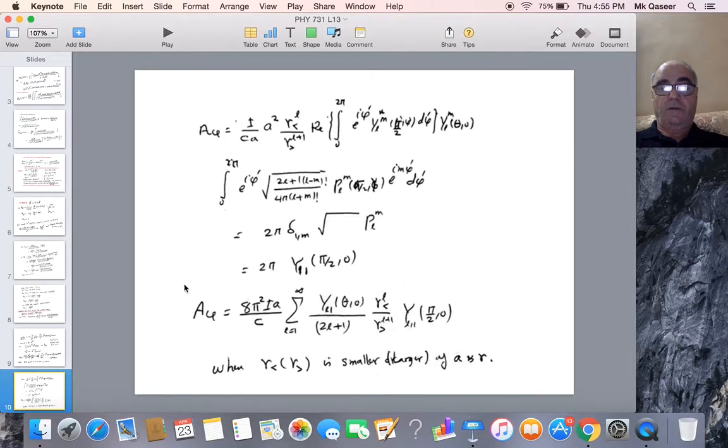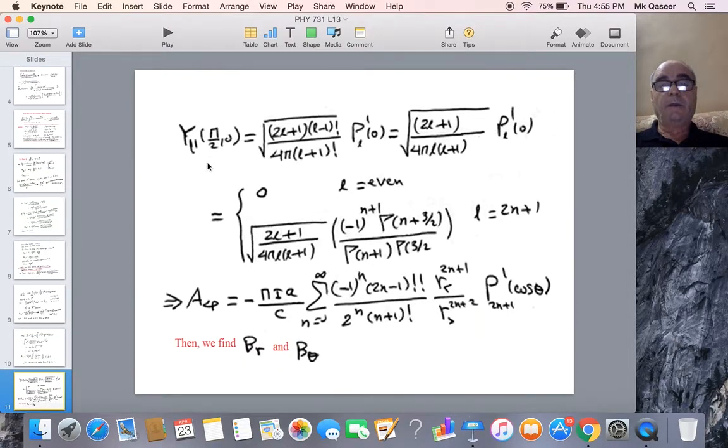So the final expression for A_phi is given by this term, where r smaller or greater is the smaller of a, the radius of the circle or the current loop, or r, the field point. Here I'm giving the expression for Y_1,1 of pi over 2 and 0, which is given by this. This is the final expression for A_phi.